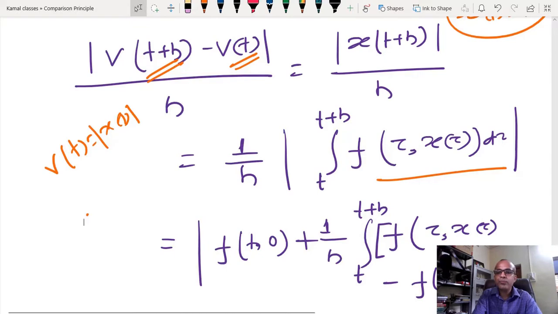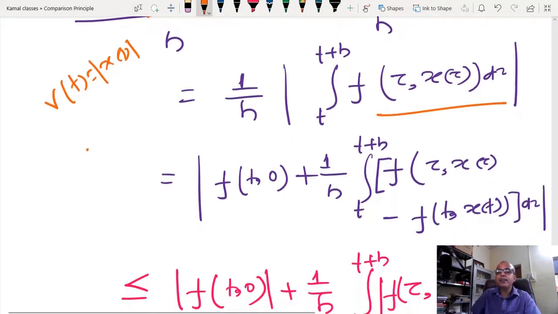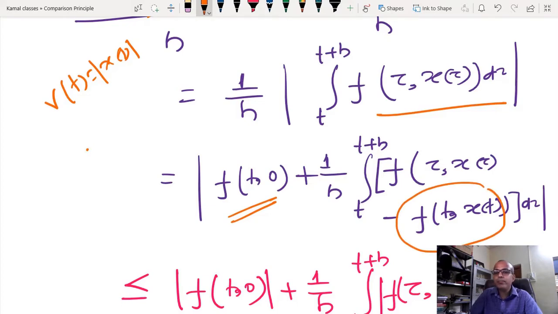Now what you can do is add some more terms inside this integral. What kind of term am I going to add here? I am going to add f(t0), the derivative function at t0. So you can see that I can write this here minus f(t) x(t), because this quantity is constant. If you see this integral from t to t plus h, this quantity is perfectly constant for this particular integral, due to that reason I can take it out. Even if I take it out, that doesn't matter for us.